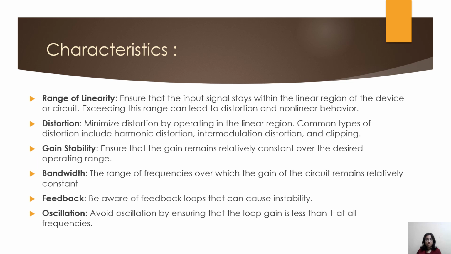Common types of distortion include harmonic distortion, intermodulation distortion, and clipping. Gain stability. Ensure that the gain remains relatively constant over the desired operating range. Bandwidth. The range of frequencies over which the gain of the circuit remains relatively constant.